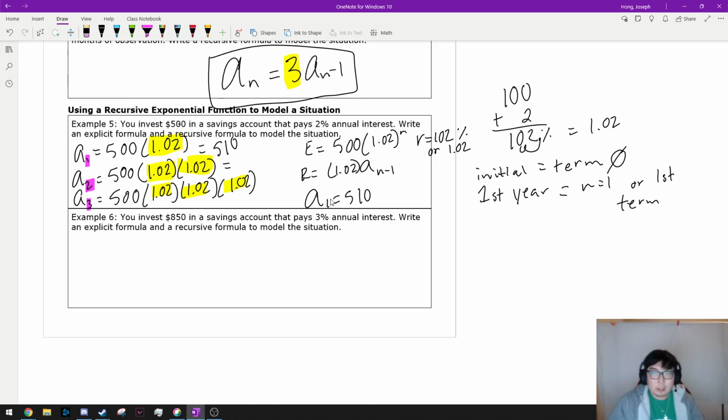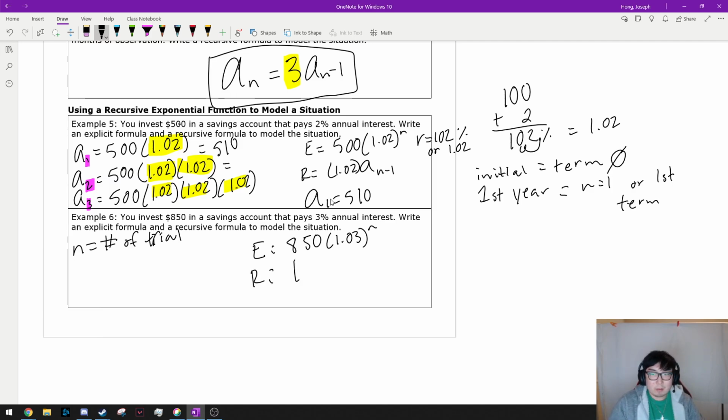All right, you should have got your explicit formula as 850, which is your initial, times 1.03, which is 103%, to the power of n. And know that n is equal to the number of trials, or trial number, or the sample number.